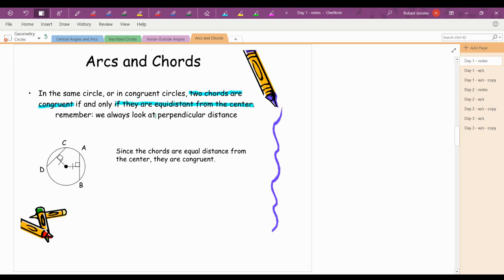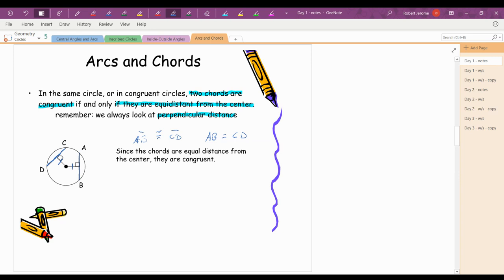And we're always going to look at a perpendicular distance. So looking at our examples, since the distance to chord DC is the same as the distance to chord AB, we can say that AB is congruent to CD, or the measurement of AB is equal to the measurement of CD.